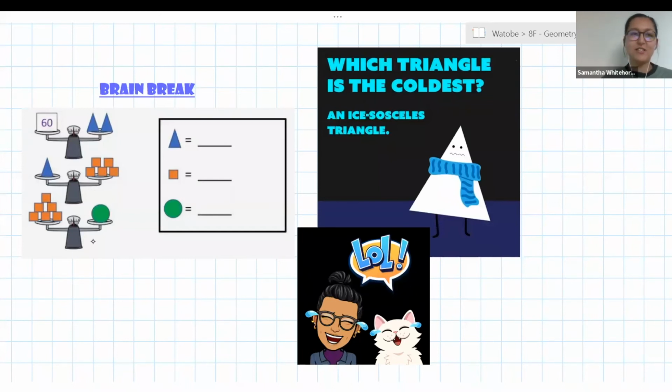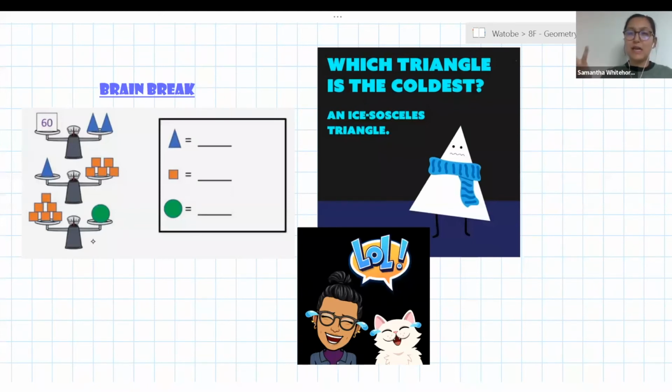Okay, so guys, remember a brain break is just to give yourself a little break from what we're doing. Give yourself a second to also get up and stretch, make sure that you're comfortable. If you need to run to the loo, or whatever you need to do. And then the brain break, I do a different thing every week. This week, I'm asking you what is the value of one triangle, one square, and one circle if we look at the picture. Now, guys, that's a scale.